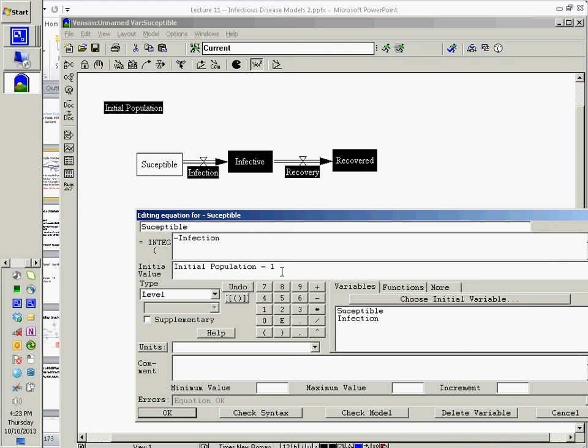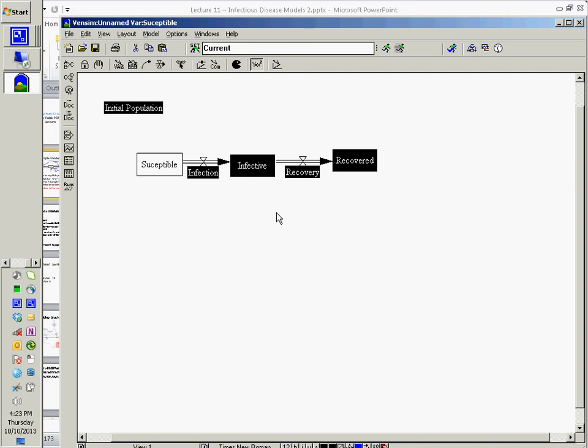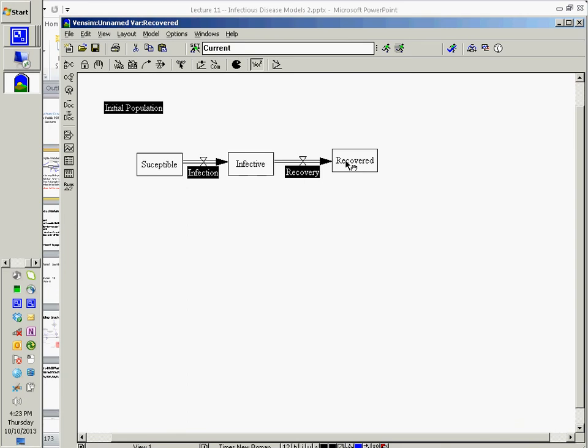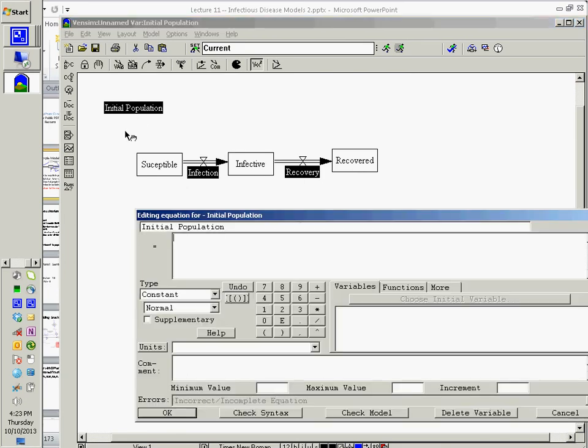And I'm going to set infective to be an initial value of 1. We're going to start with a single index person infected, okay? A single index individual. And ladies and gentlemen, recovered will be 0, okay? And just for completeness, to finish the thought, initial population we're going to set to be 1,000, okay?